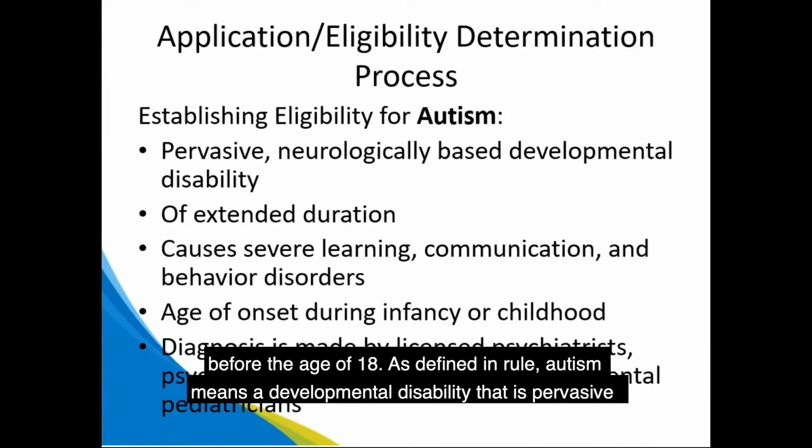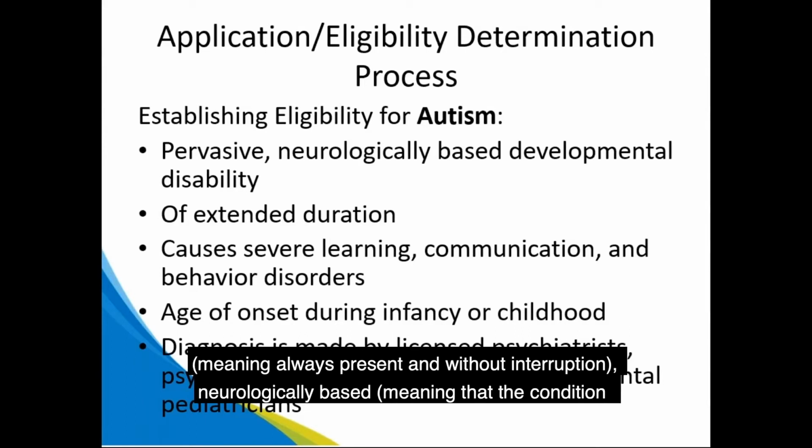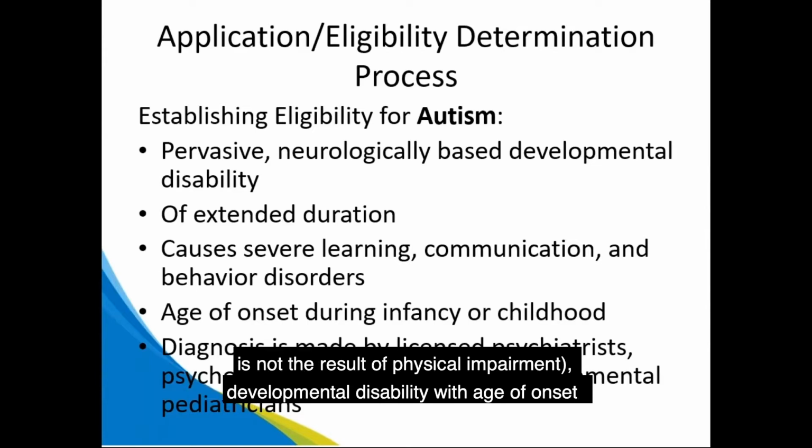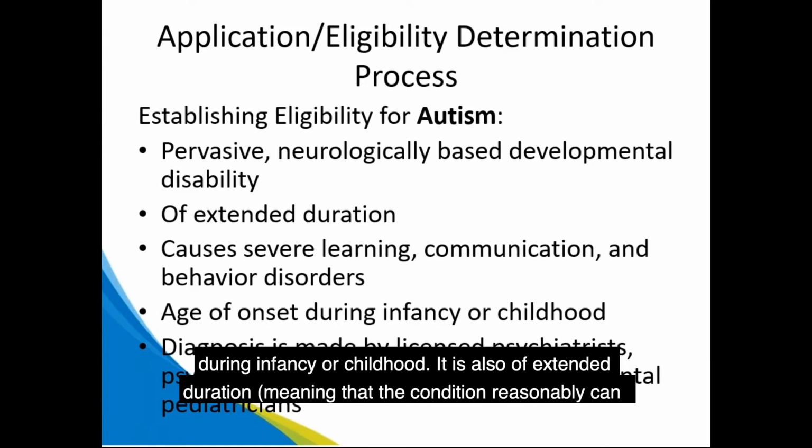As defined in rule, autism means a developmental disability that is pervasive, meaning always present and without interruption, neurologically based, meaning that the condition is not the result of physical impairment, with age of onset during infancy or childhood.